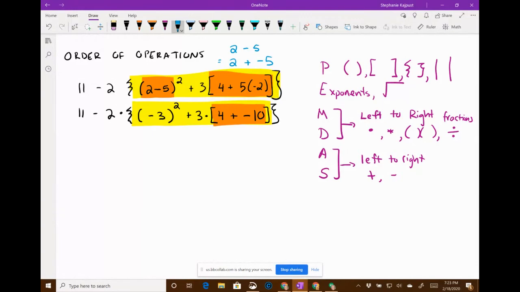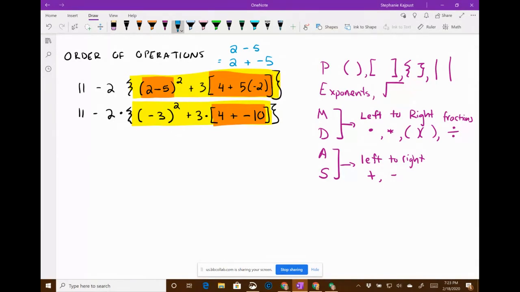And I thought I should multiply because there's no symbol there, 2 times negative 5. It is a symbol. It's a subtraction symbol. If it was 2 times negative 5, there would be parentheses around that negative, like with the 5 and then the negative 2 on the right. Because we have a parenthesis there, that's making it different so that you know that it's not subtracting 2, because there's that parenthesis in between.